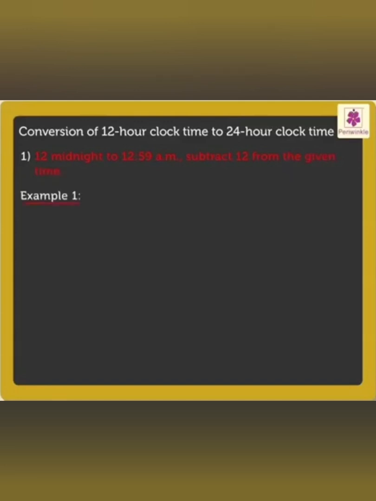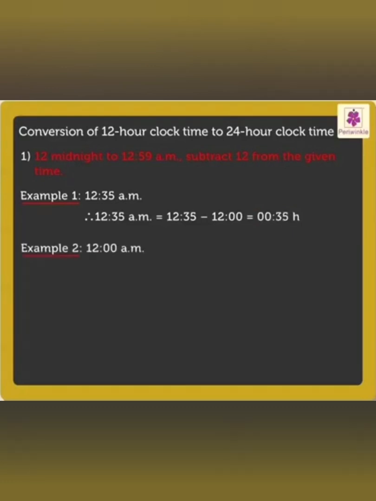For example, if the given time is 12:35 am, then subtract 12 from 12:35, which gives 35. We write it as 00:35 and we read it as 35 hours. 12 midnight will be equal to 12 minus 12 is equal to 0 hours.